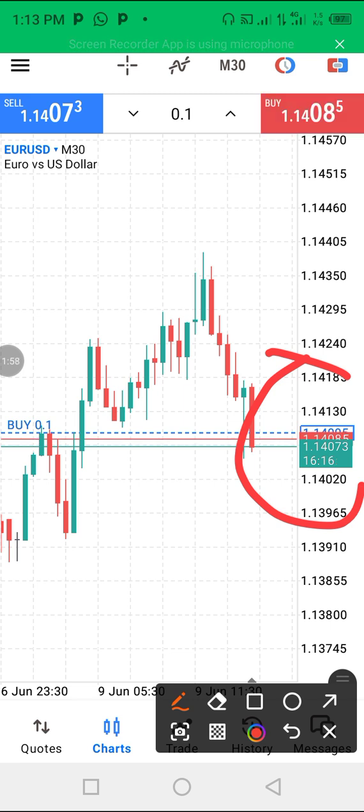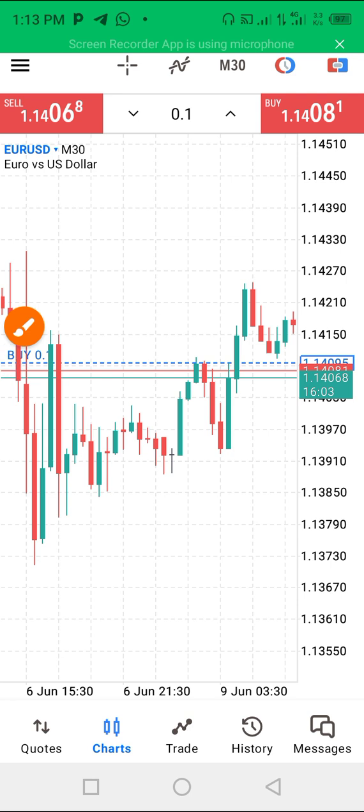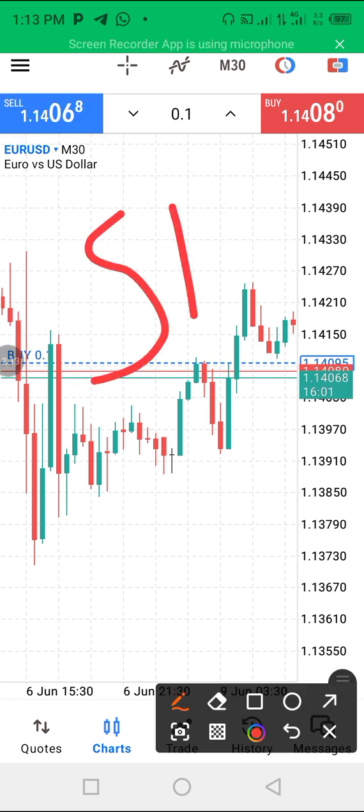Now, when the price goes the way you predict it to go, you will make money. And if it goes against you, you lose money. Then that brings me to my SL and TP, stop loss and take profit.